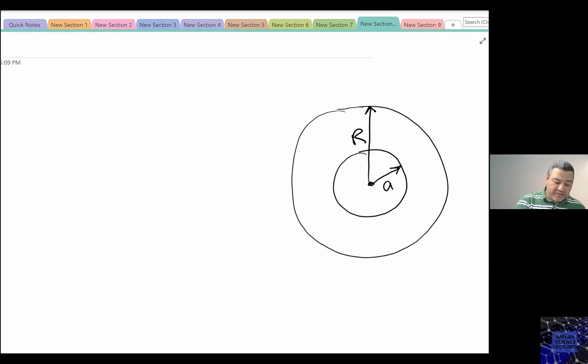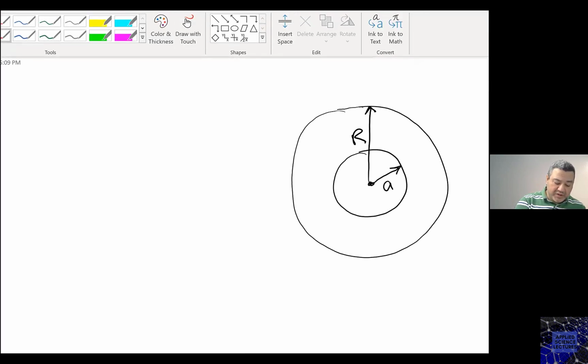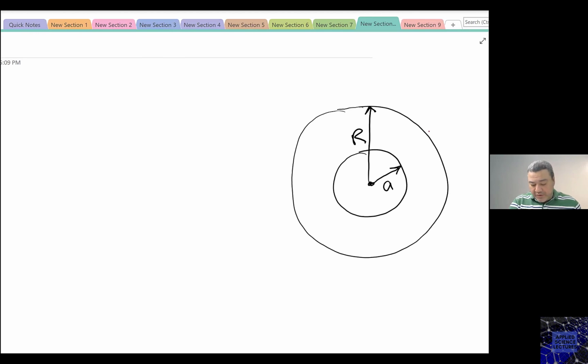Again, in this case we will be using the expression derived from Gauss's law, but before doing this, let's first introduce the charges that we introduced to the conductor.